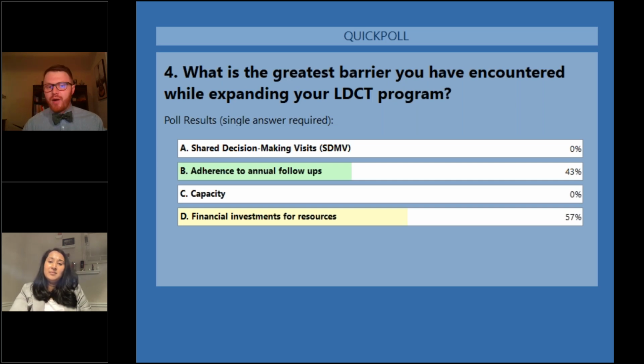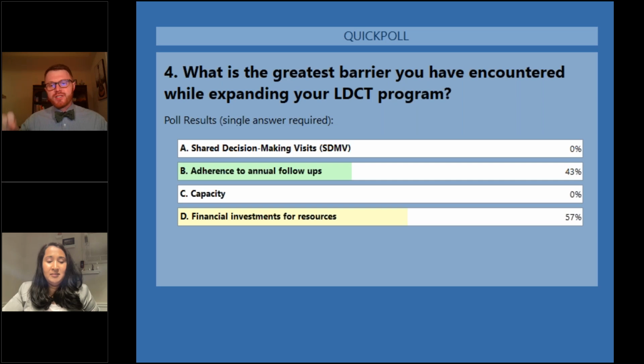That was a problem for a while. And when I say capacity, there's really a capacity problem at two ends, right? It's capacity to get the shared decision-making visit done in a timely fashion, and then capacity of getting the CT scan completed.